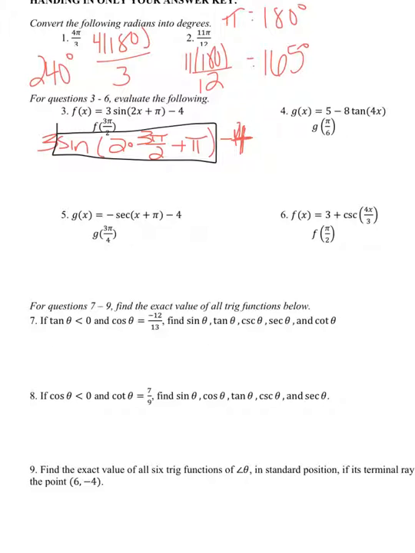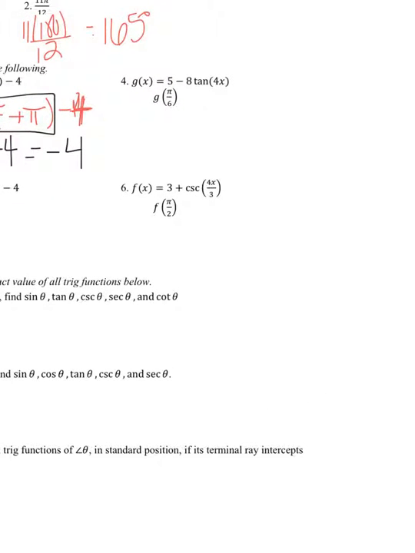Okay? You end up getting something that looks really nasty, but you see an E in it. Whenever you have E, that's scientific notation. So this is actually going to be 3 times 0. Again, whenever you see an E, that scientific notation is probably going to mean 0. So 3 times 0 minus 4, which is negative 4 for number 3.